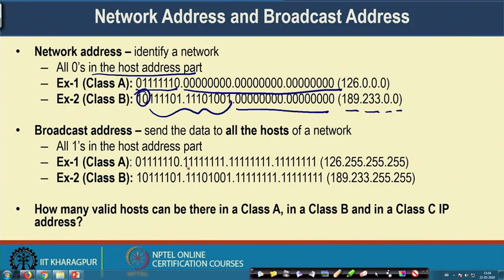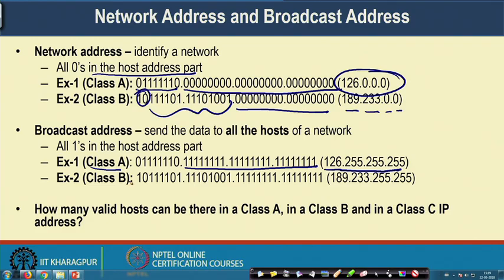So for the class A network 126.0.0.0, with all ones in the host address part, the broadcast address is 126.255.255.255.